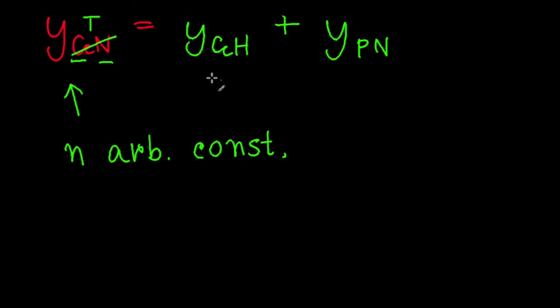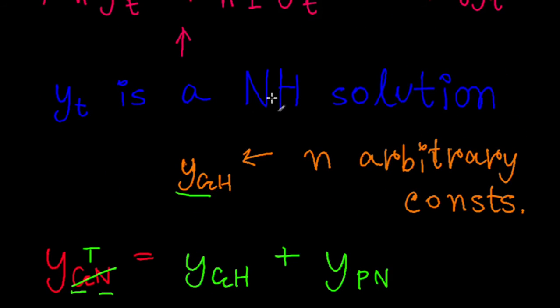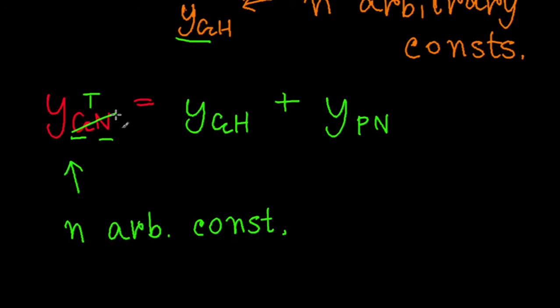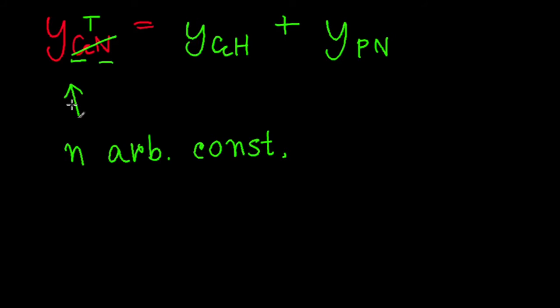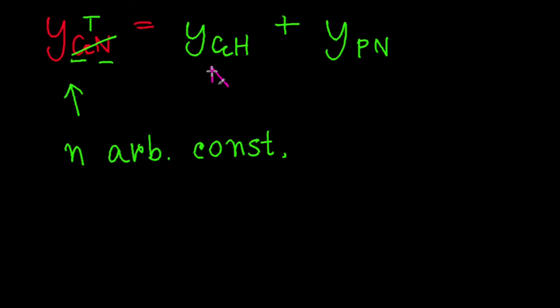Now I might be wondering, what's the reason for all these weird subscripts? Well, this is what I'm trying to get at. If I'm trying to find the general solution to my non-homogeneous differential equation, that must have n arbitrary constants, right? And as we discussed, how many arbitrary constants does this have? This has n.